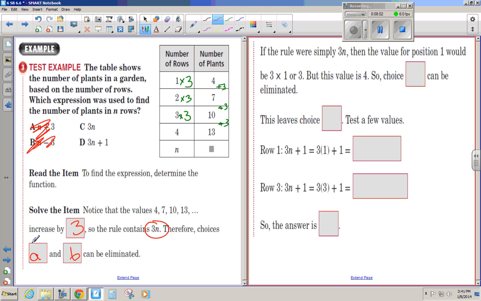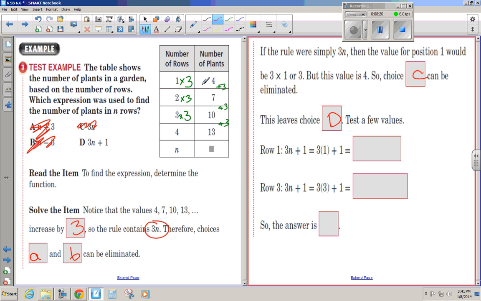All right. And just like we said, the value is 3. So it can't be just C. Right? Because it can't just be the number of rows times 3. So it leaves only the choice of D. But we're going to test a few.